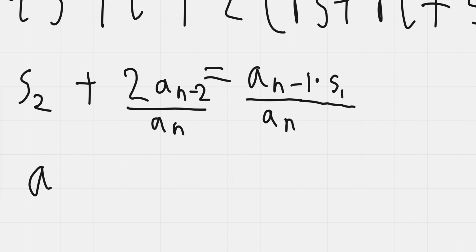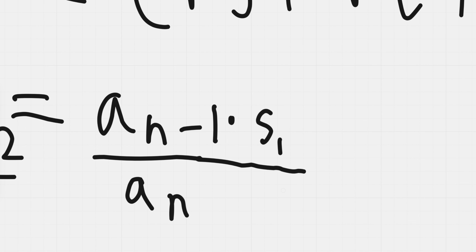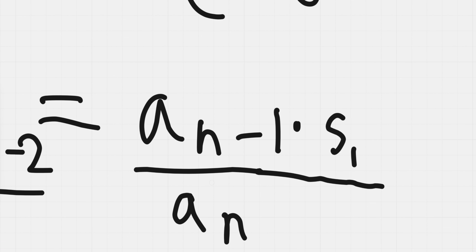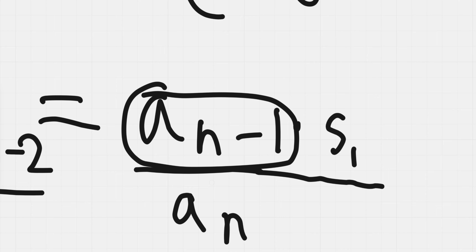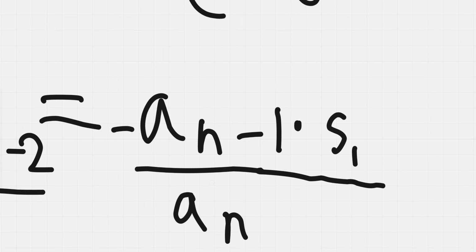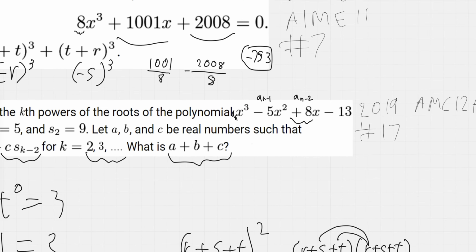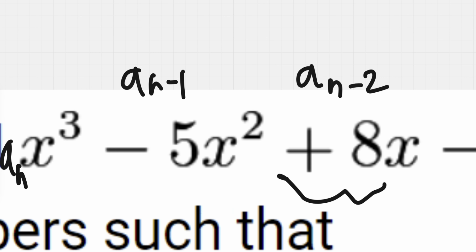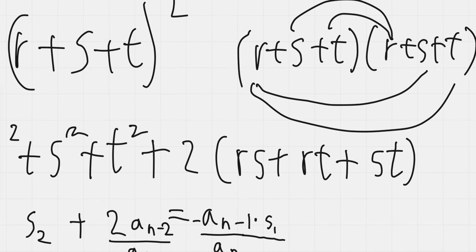is a sub n times s2. Oh yeah, and this coefficient you have to make negative, because as you remember from Vieta's formulas, this is negative by default, and if you want the sum of the roots, you have to make it positive.